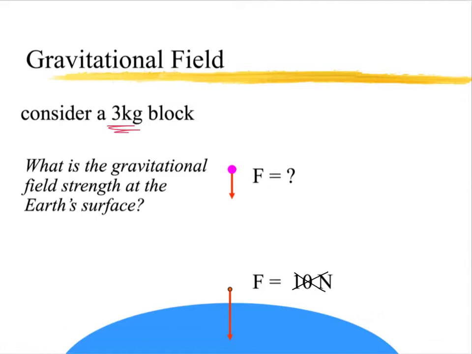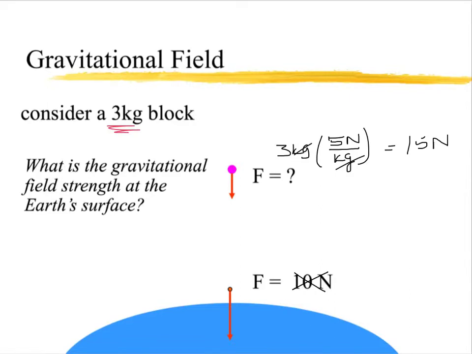It would be 3 kilograms times the 5 newtons per kilogram, the 5 newtons that the force was on a 1 kilogram block. So the total would be 15 newtons.